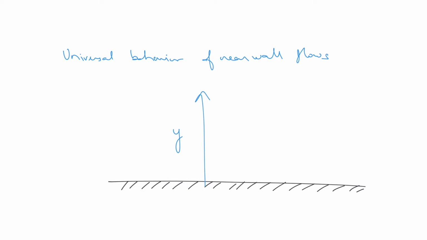Then if you want to find the mean velocity at a point, suppose I choose a point, let me call it yp, and this is in the range of 30 to 500 in yp plus, it is satisfying the log law condition.